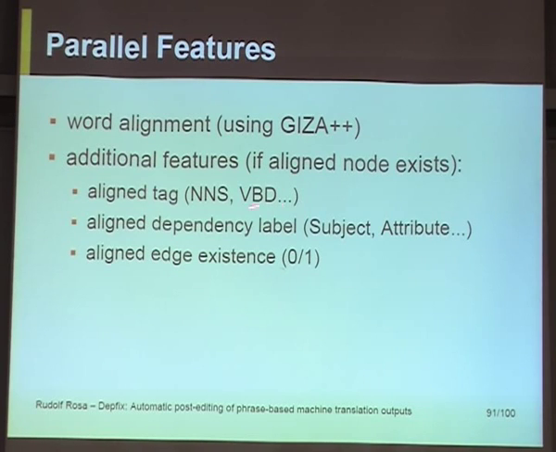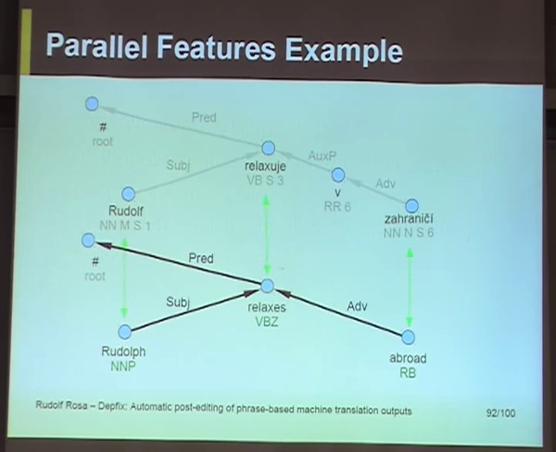We look at the tag of the English word. We look at its dependency label, whether it's a subject or object or what, and then aligned edge existence, which basically means whether the edge that we are trying to make in Czech exists in English. I have a picture for that.